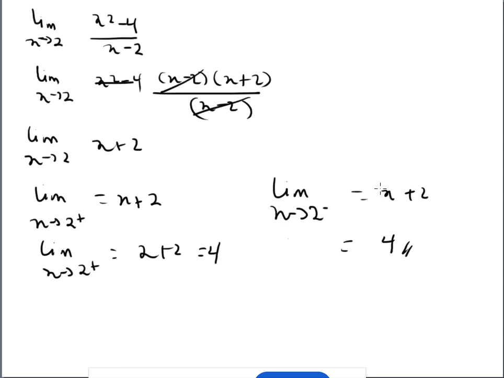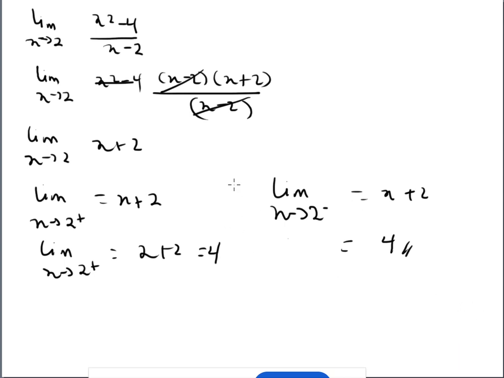Now for most questions, when you are not asked to find whether the limit exists, you'll not be expected to find the left and right hand limit. There are some questions that we will be doing when we meet in person. But for now, to be safe, when you're asked to find a limit, just find the left and right hand limit and you are good to go.